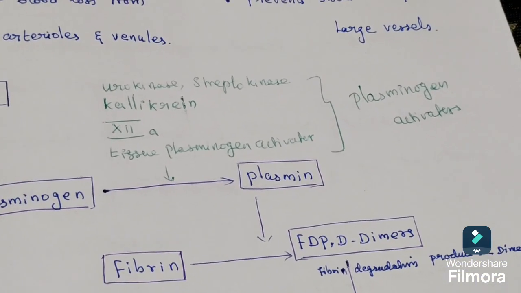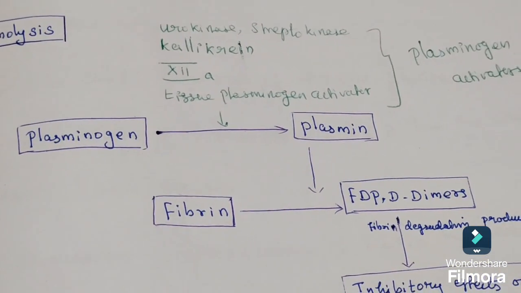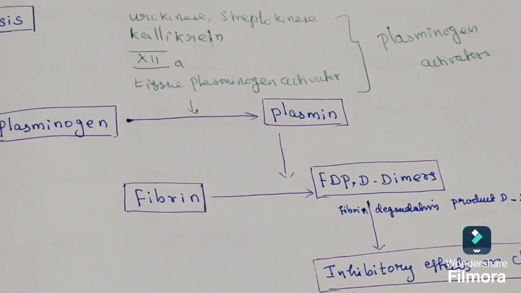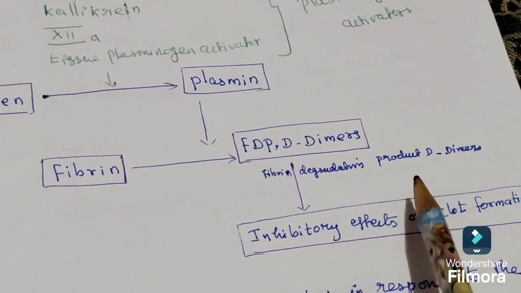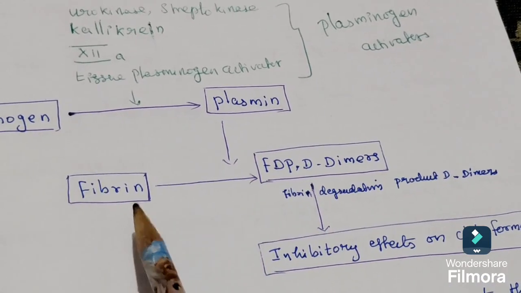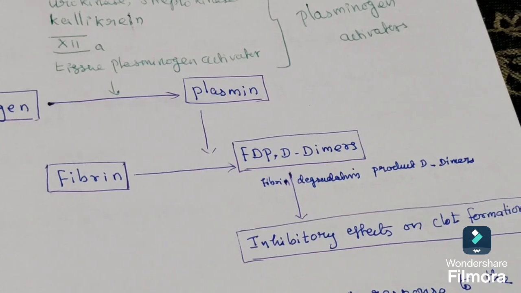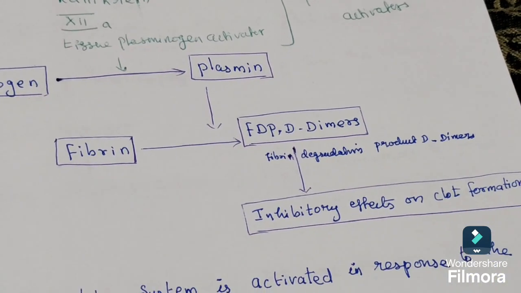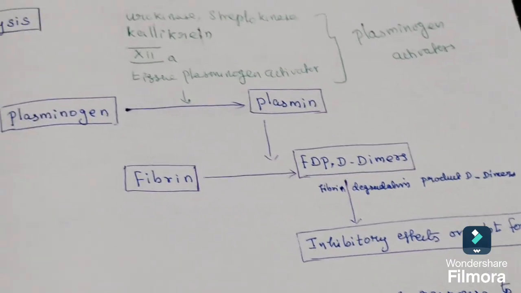Then this causes degradation of fibrin to fibrin degradation product, D-dimer. So this will convert fibrin to fibrin degradation product D-dimer, which has an inhibitory effect on clot formation.